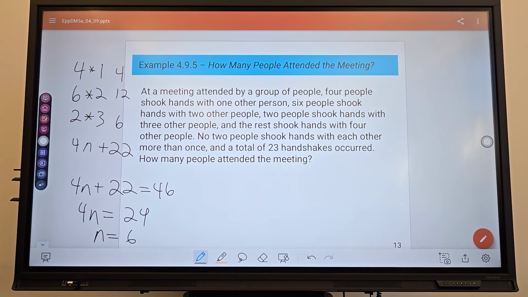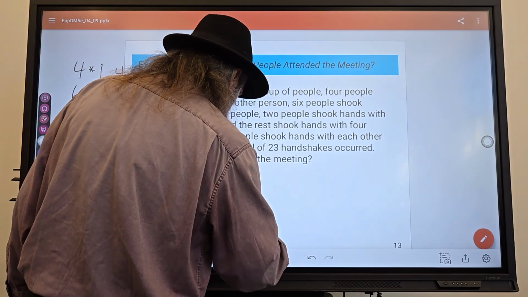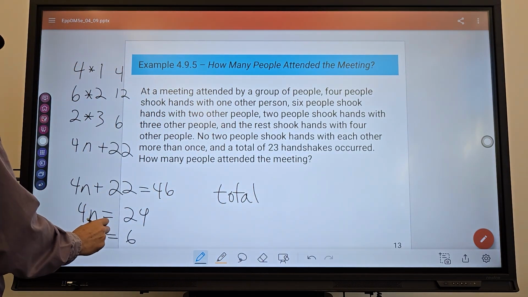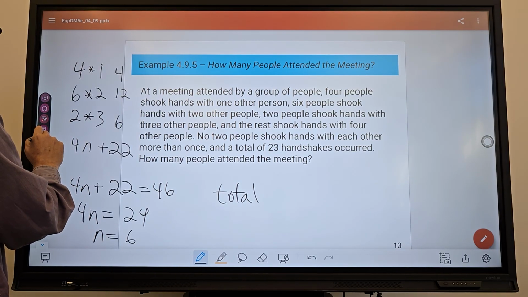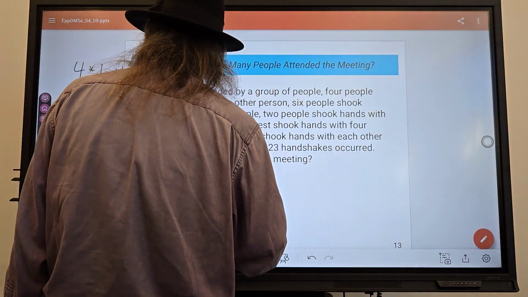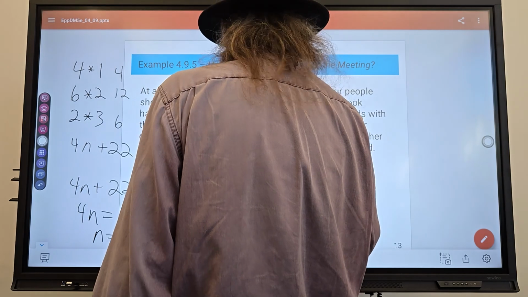So n equals 6. So 2 plus 6 plus 4 total is, what is that, 6, 12, 18. Is my basic math working right? Yeah, 18.